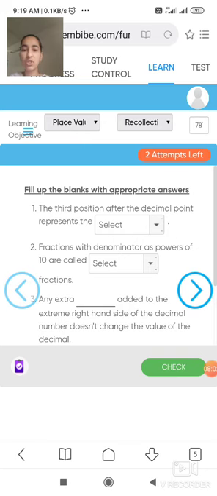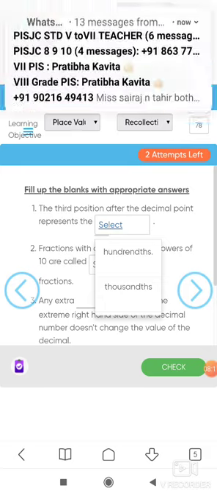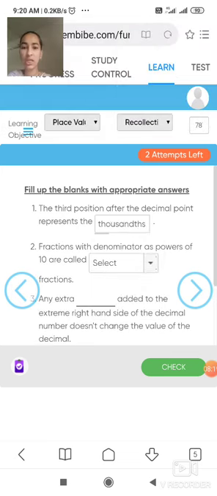The first position represents tenths, the second is hundredths, the third is thousandths. You have to remember this.